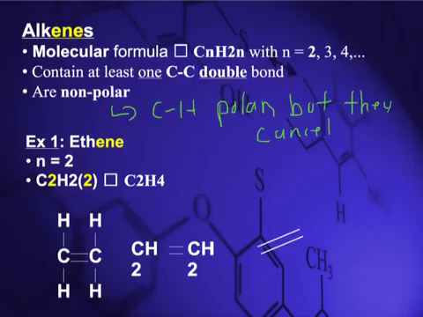To fulfill the orbitals for the carbon atoms, each of those carbon atoms has to have 2 hydrogens. In the condensed structural formula, it's CH2 double bonded to another CH2. And in a line diagram, it is just 2 lines. Remember, each line represents 1 bond, so 2 lines represents 2 bonds, or a double bond.